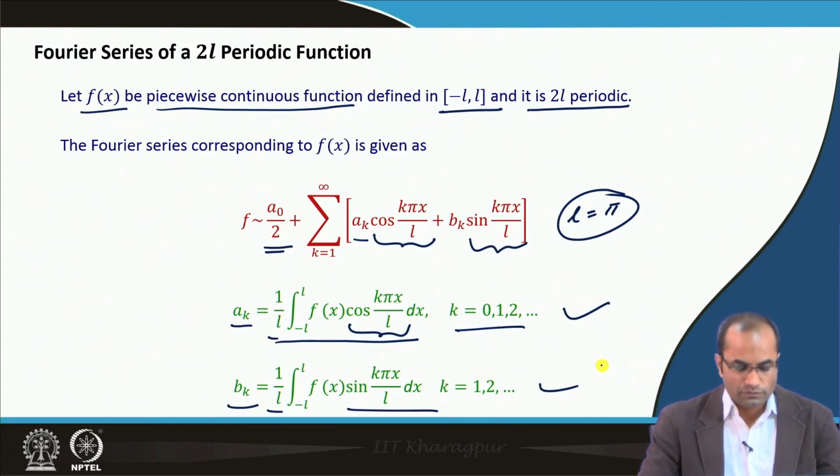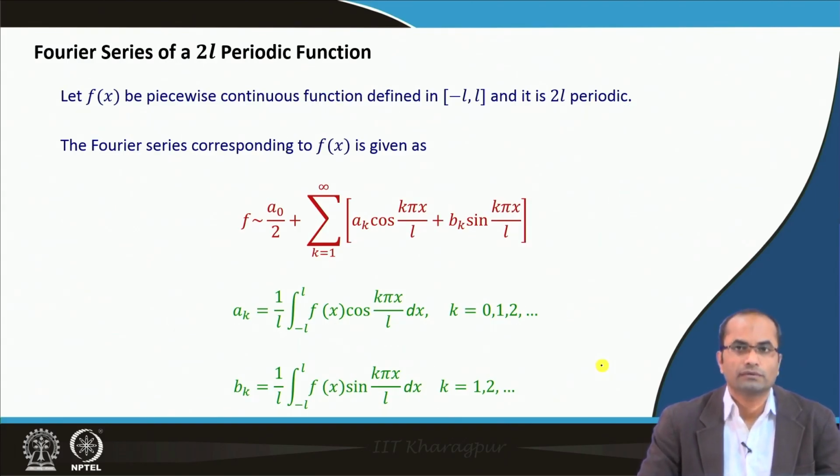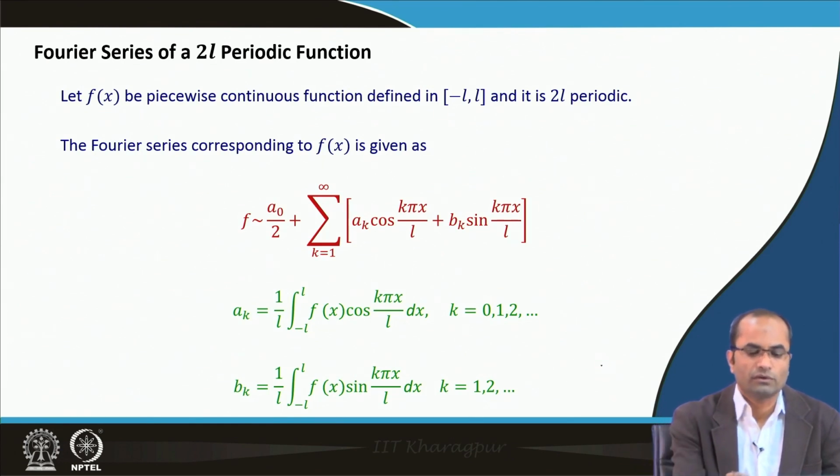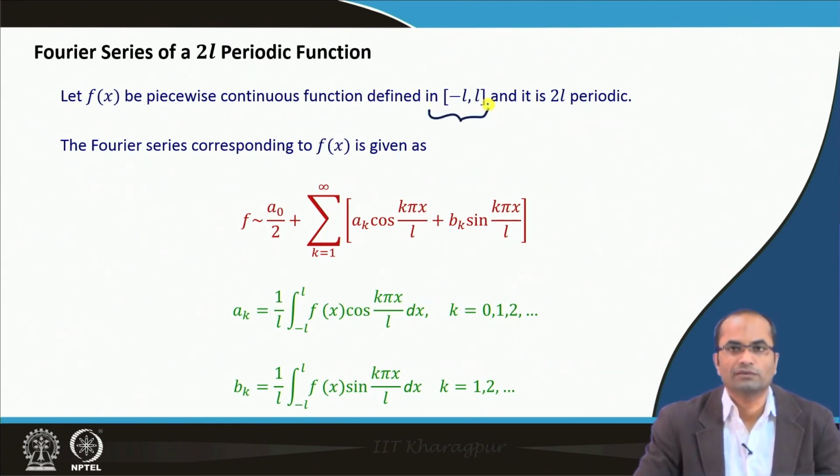So, this is a more general case now, and for any 2L periodic function or a function defined in minus L to L, we can write down the Fourier series.